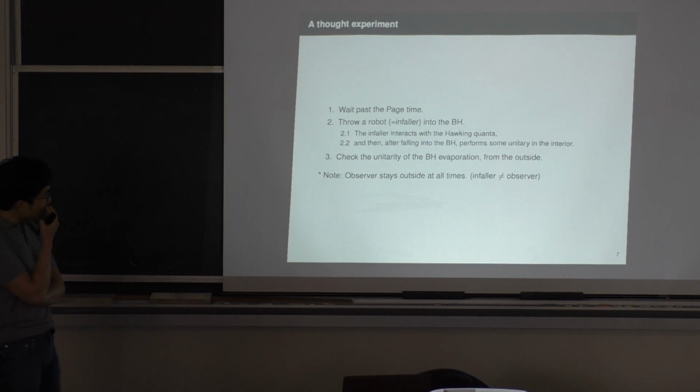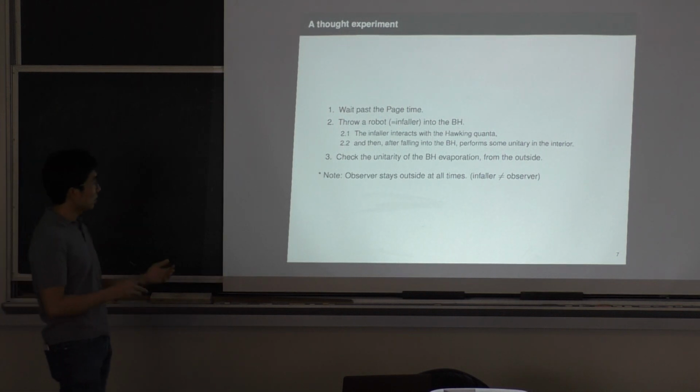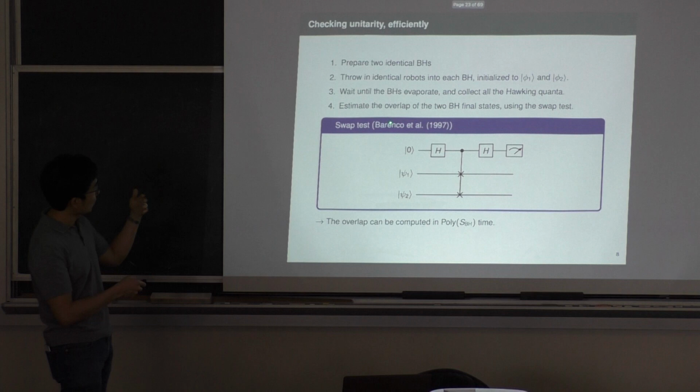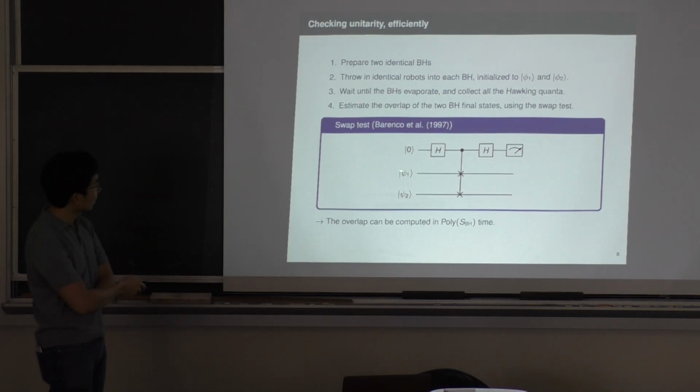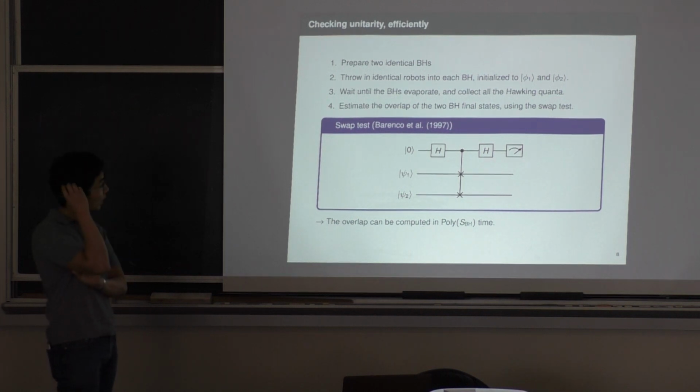I should note that this might sound like an academic problem, but if you have a quantum system, it's actually not that hard to check whether the process is unitary or not. There's a well-known test called the swap test, so that when you have two quantum states, you can easily check their overlap.